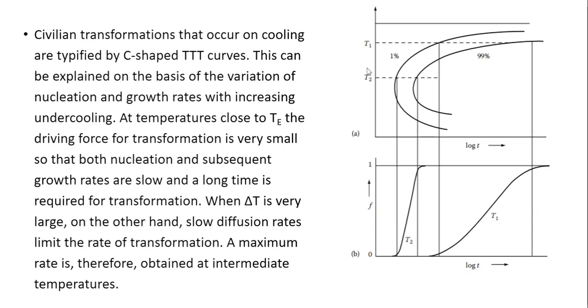At a temperature close to TE, that is here, this is the eutectoid temperature, the time course for the transformation is very long, and the difference in the free energies of the austenite and the product phases put together depends upon the degree of undercooling. So here you have got a smaller degree of undercooling. Consequently, the nucleation rate here at T1 is substantially lower than when the undercooling is larger.